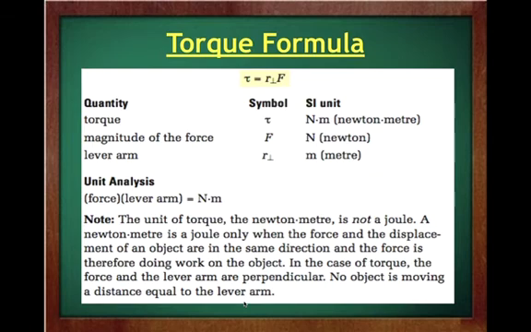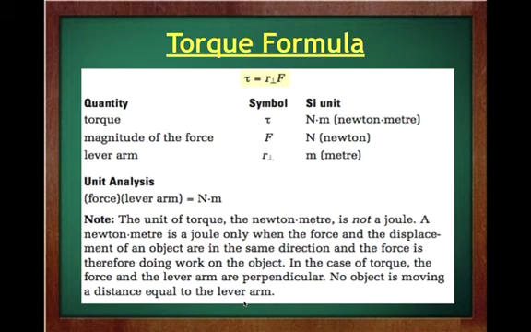You might have seen before, wait a minute, newtons times meters ends up equaling joules, but that's if the object is moving in the same direction that the force is being applied, like you're pushing something straight across the floor, then that would work as a joule. But in this case, you're pushing something and it's causing it to rotate.